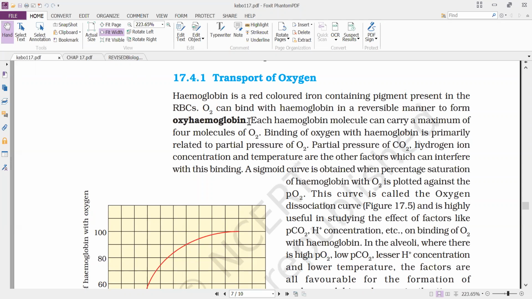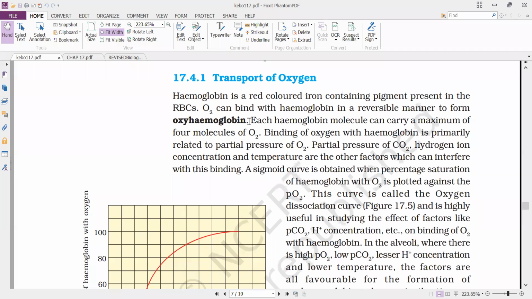When oxygen binds with hemoglobin, it forms oxyhemoglobin. Each hemoglobin molecule can carry a maximum of 4 molecules of oxygen.